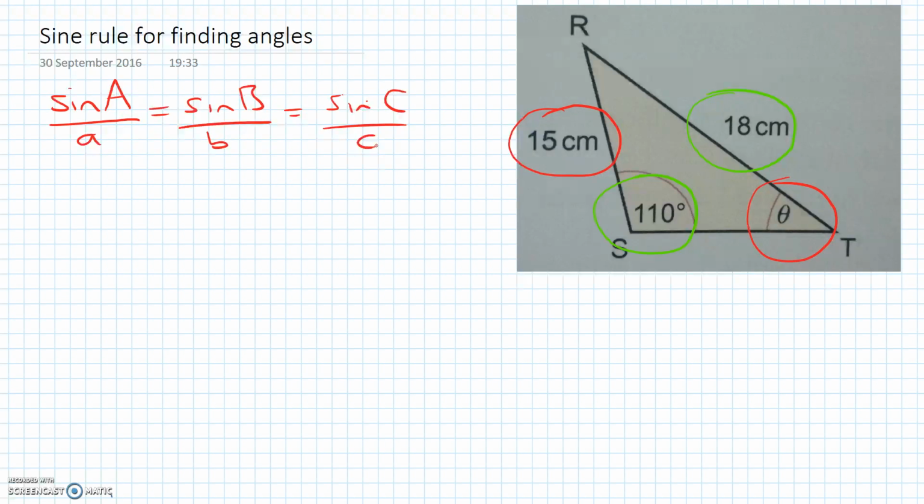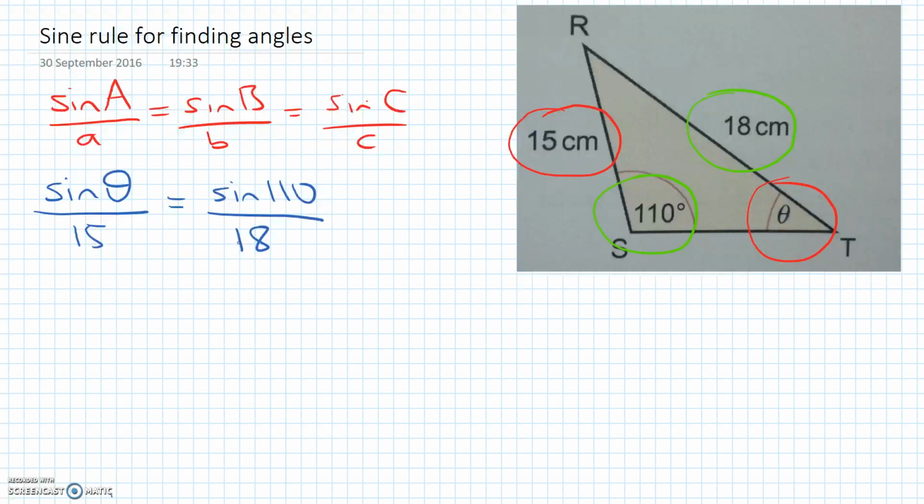So we can now go ahead and write the sine of angle theta. We may as well make theta equal to angle A divided by 15, because that's the opposing side to angle theta, is equal to the sine of angle 110 degrees divided by its opposing side, which is 18 centimeters.